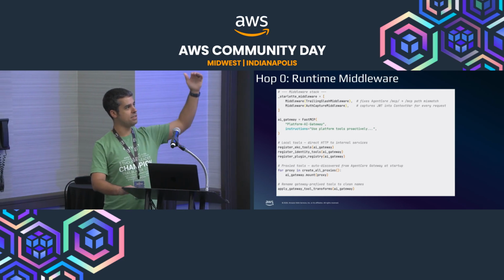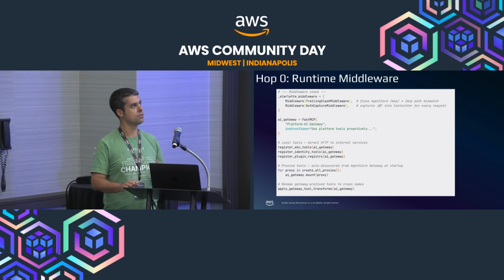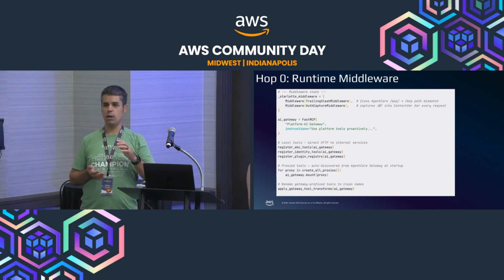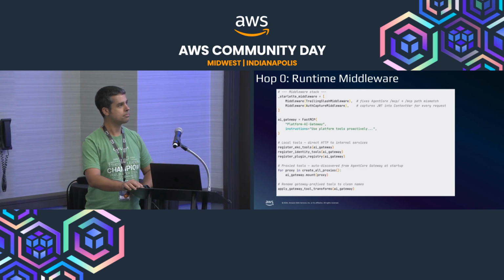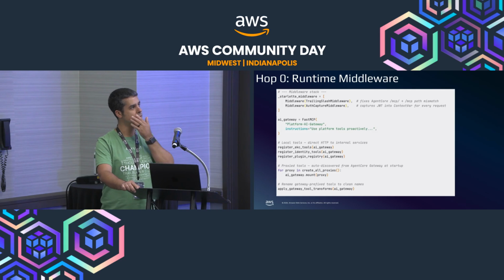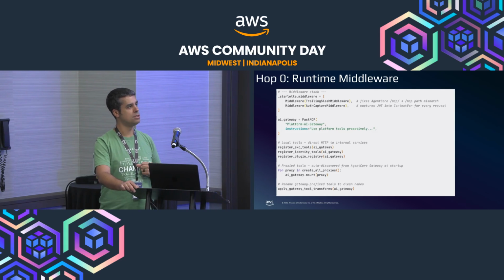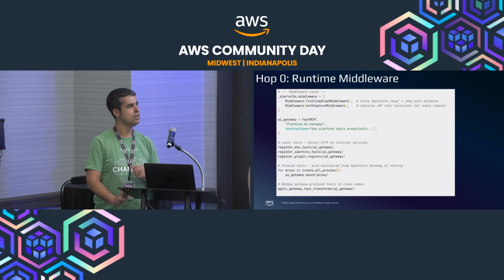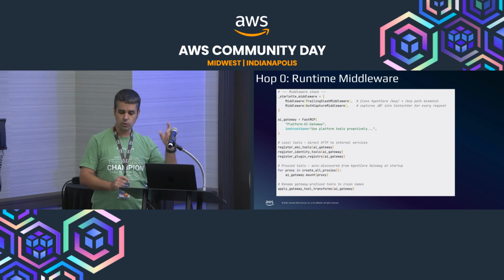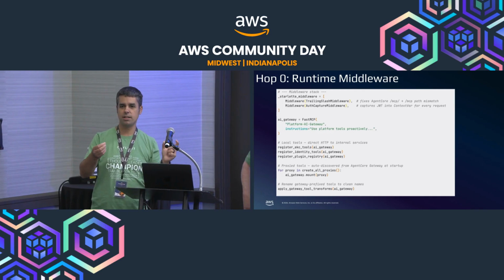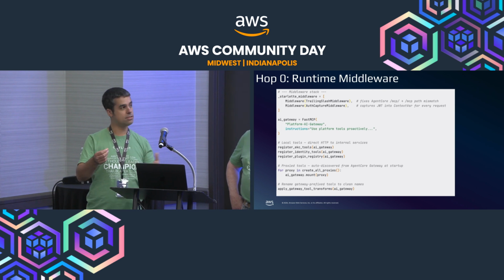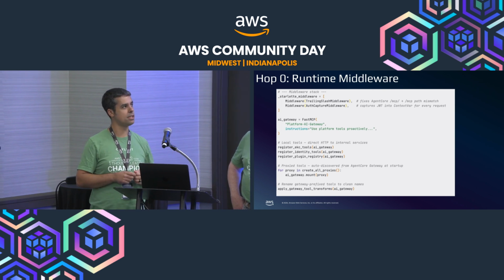What we do is we have this entry point here on the runtime server and a couple of middlewares that help us strip paths off of the incoming request, but also do some authentication capture. So what happens is we have a JWT that's vended from Cognito when we have the incoming inbound authentication.